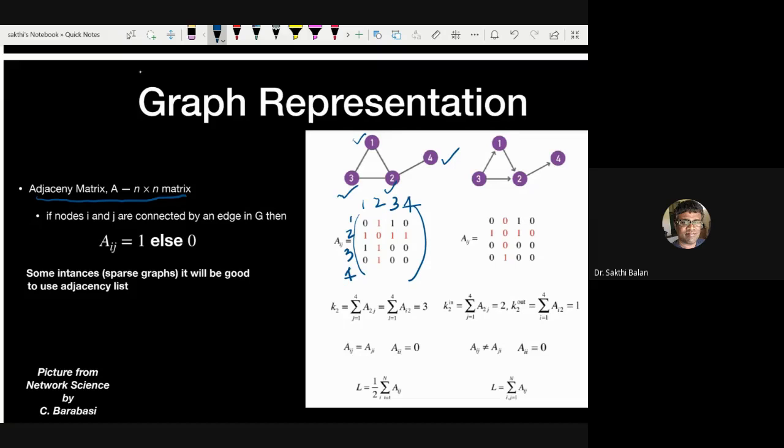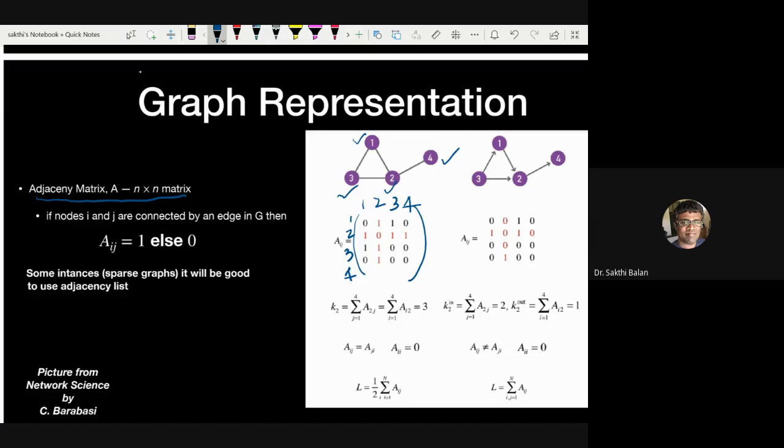Now 1 and 1 are not connected by any edge, so I will put 0 over here. Unless you have a loop here, it won't be considered as 1 and 1 being connected. Anyway, you are at 1, so you don't have to get connected at all, right? So we consider that as 0.